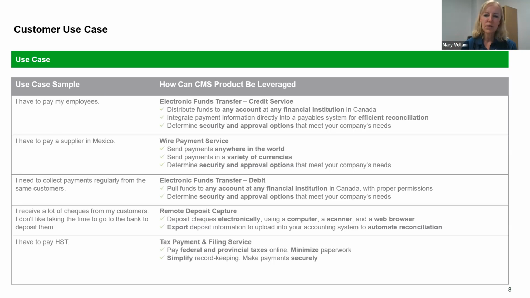But if you're ever confused or wanting to have a breakdown, I do have something that I'm going to be sharing later for distribution that you could use to get an idea of, okay, when do I use this particular payment method? But basically, EFT are generally used for your payroll, your vendor payments. Wire payment services are used for much larger payments.